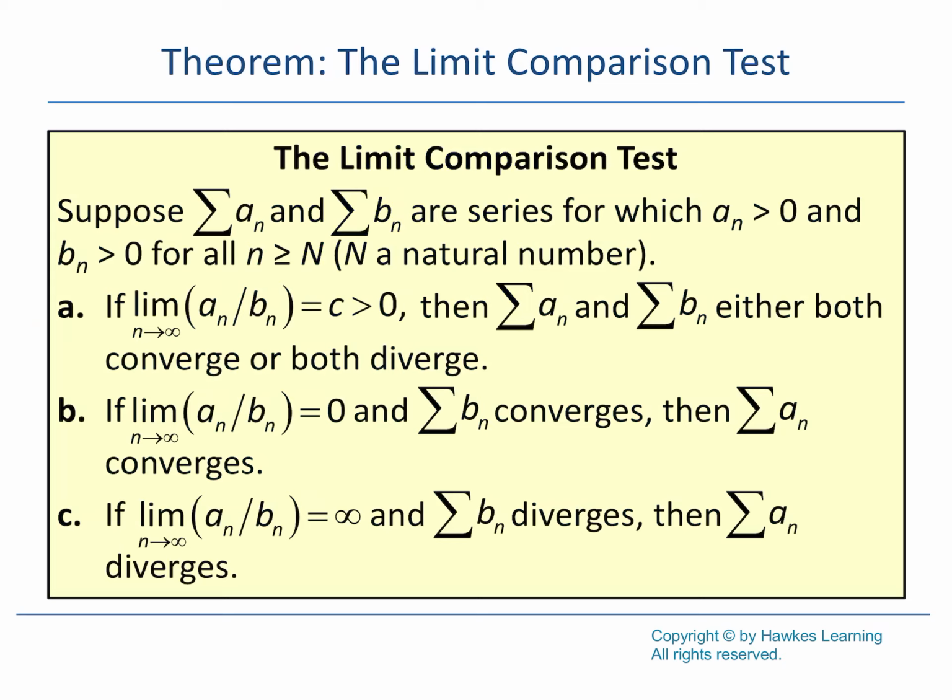But the limit comparison test, again, it's a comparison test where you're looking between 2 different series, and you're starting off with a series that is unfamiliar, and you're creating a new series that is familiar that you think would share a very similar limit over time.